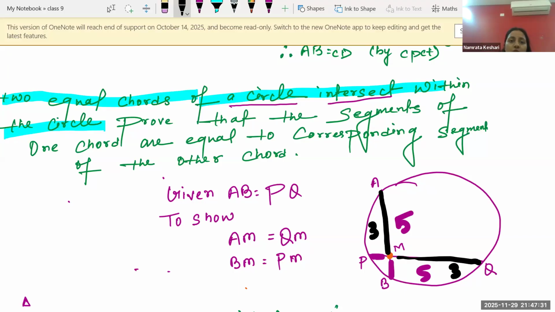Hence, the smaller will also be equal in length. So if we target to prove this one, automatically BM and PM will be the same. We don't have to worry about that. Is it making sense? Okay, let's see how we will prove that AM and QM are equal.